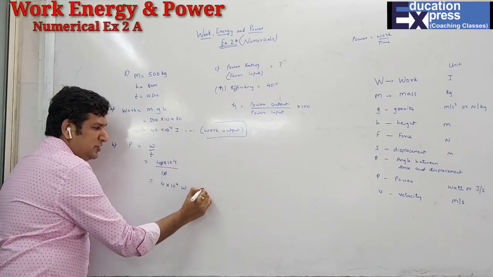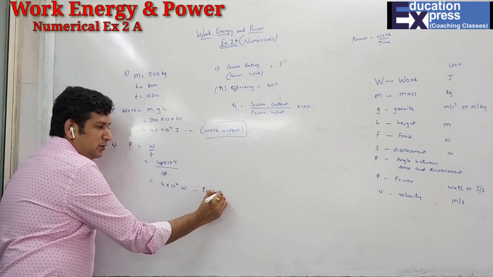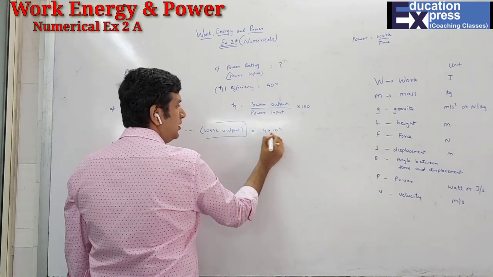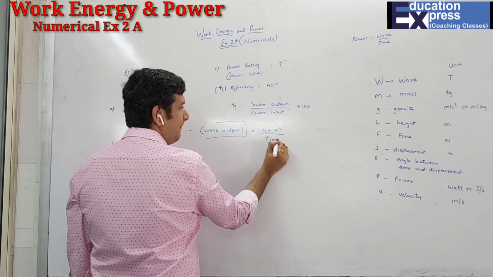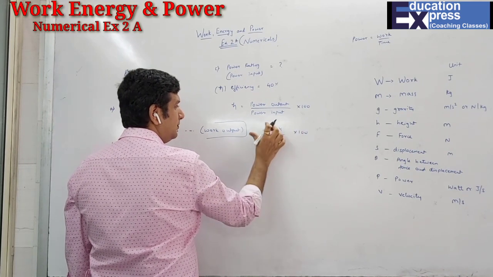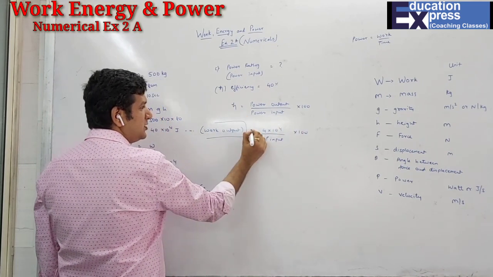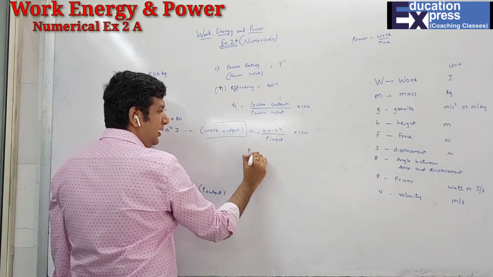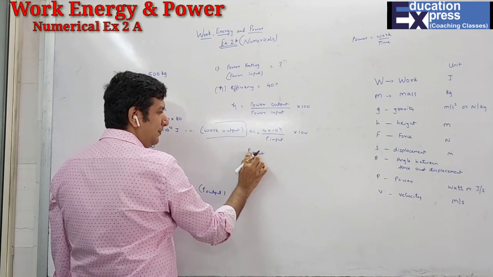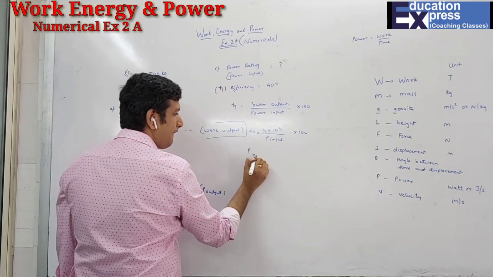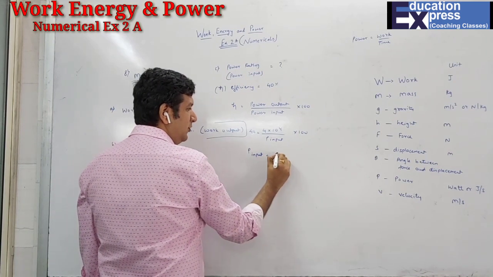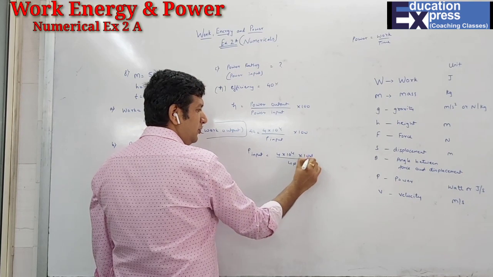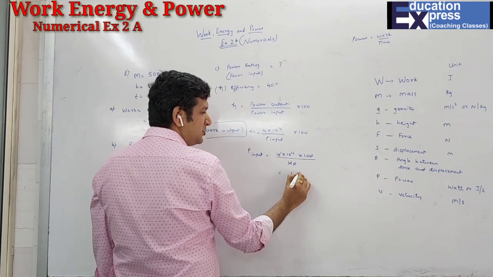So power also here is power output, which is available to us as 4 into 10 raised to 4. Power input we have to find, into 100. And the efficiency is 40%. So now the power input or power rating is equal to 4 into 10 raised to 4 into 100 upon 40. 0 will go, 4 will go. Hence, 10 raised to 5 watt.